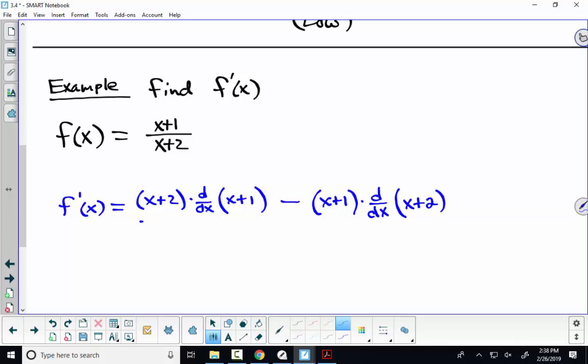And then we have to divide all of that by the bottom squared. Everyone okay with that? Any questions or issues we've done there?